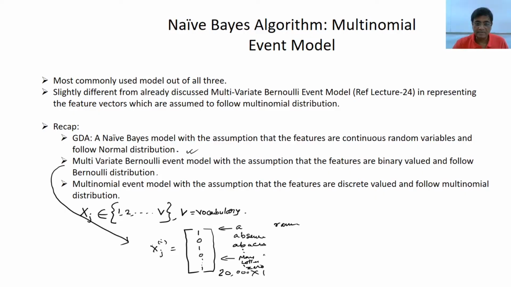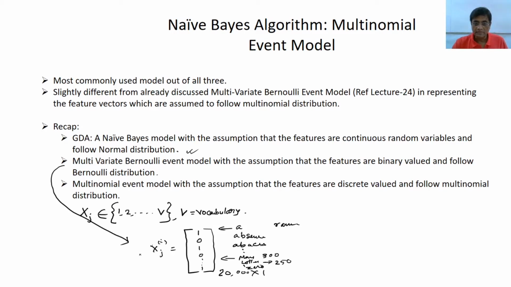Money has the 300 rank, lottery should be above money, so 2050 rank, or whatever it is. Each word actually has an index, not rank, sorry, it has an index. It is represented by index.